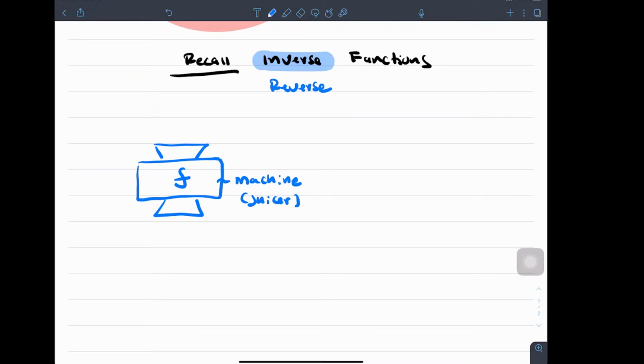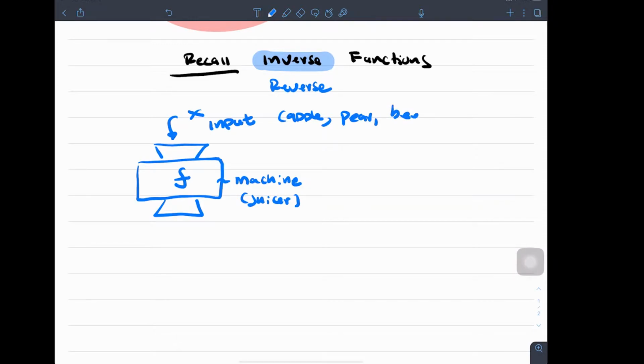So here's the thing. X, this is a what? Is an input. Okay? Like, for example, what would you put in a juicer? An apple, a pear, what else?